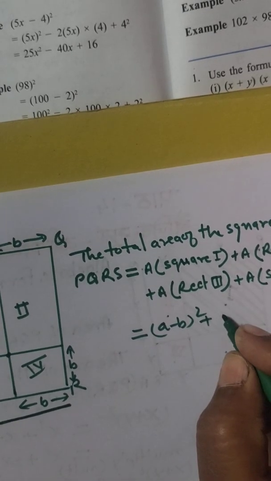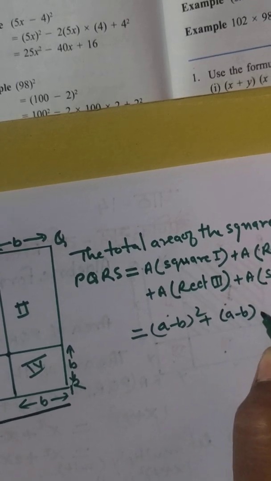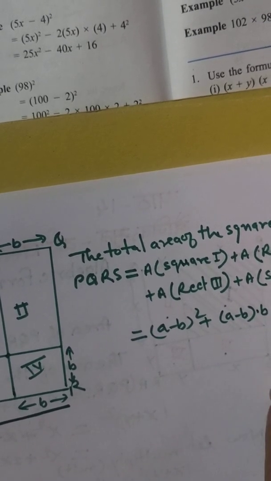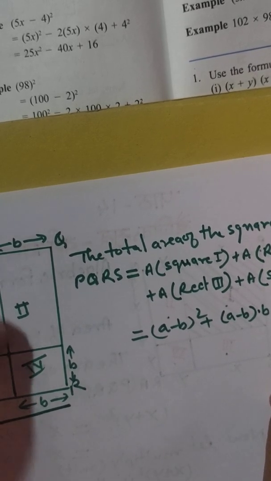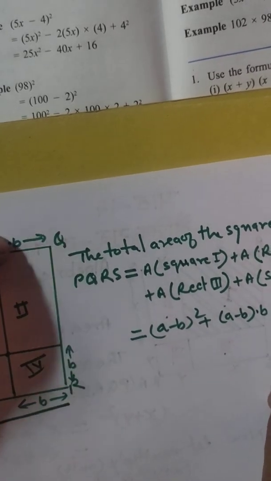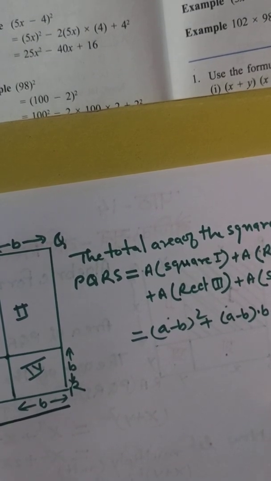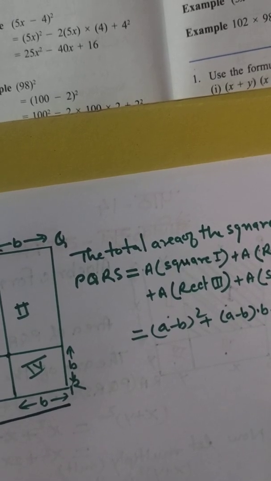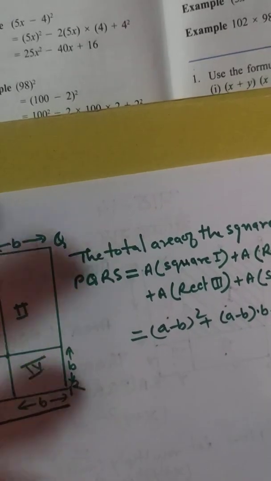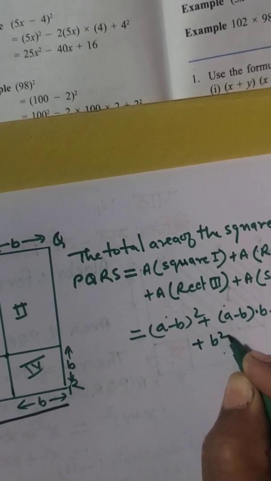That is A minus B into B, because this is A minus B and this is B, plus area of third, that is B into also A minus B. Area of this square is equal to plus B square.